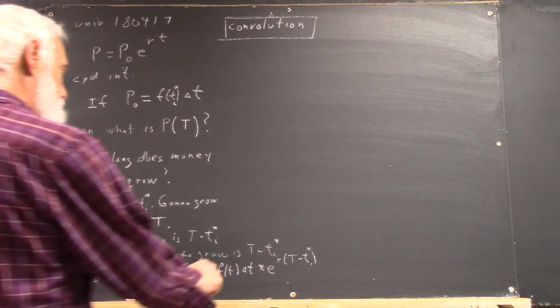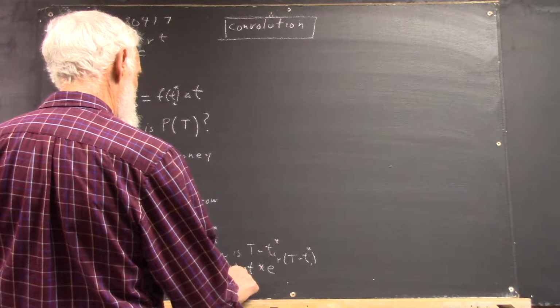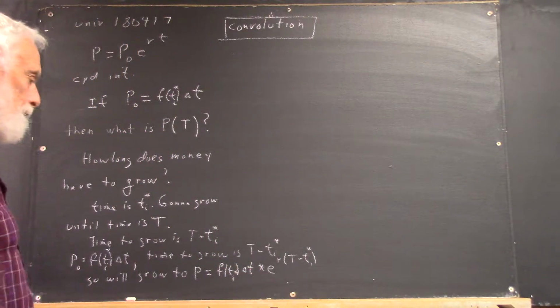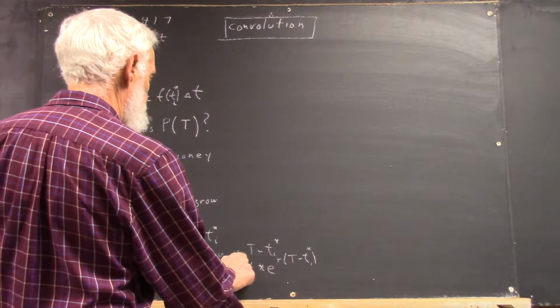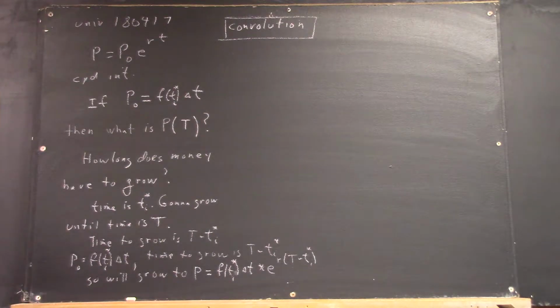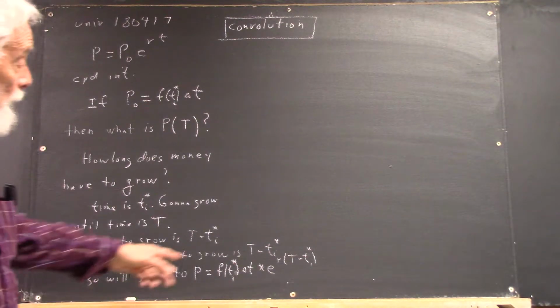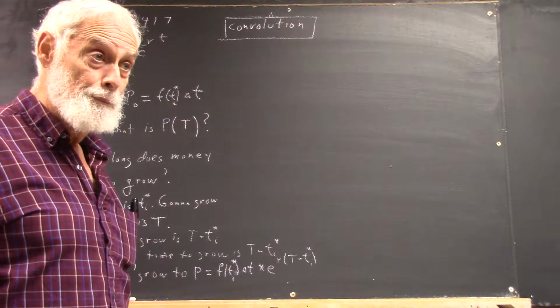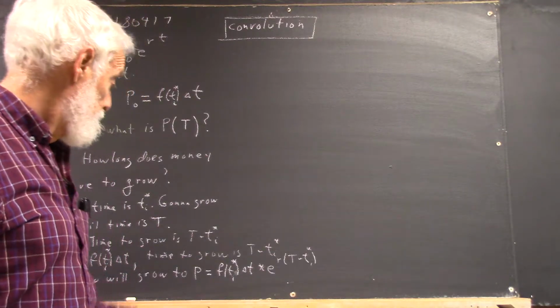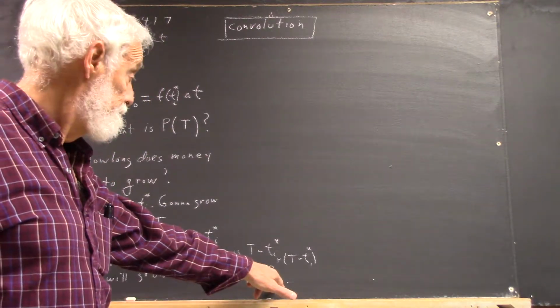And this is f of t sub i star. The star doesn't go on the i, it goes on the t. Okay? Now this might be a little more familiar. So here's your amount.